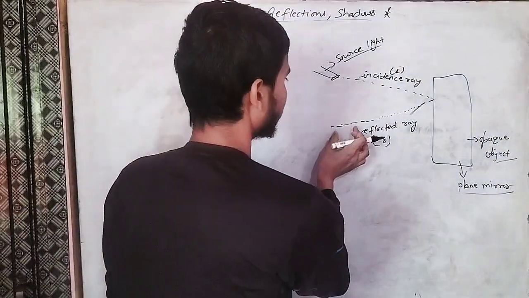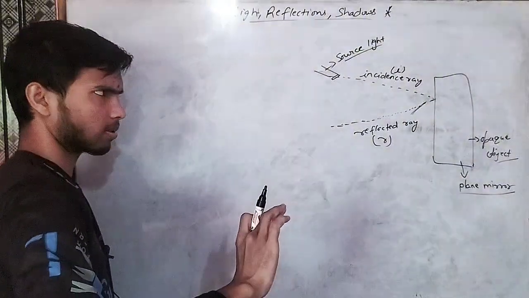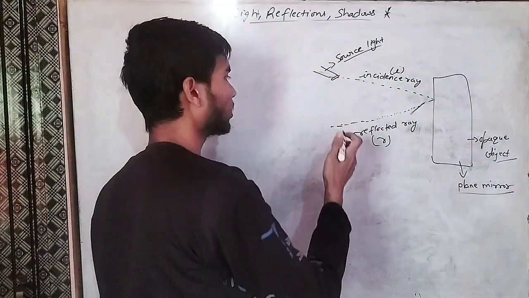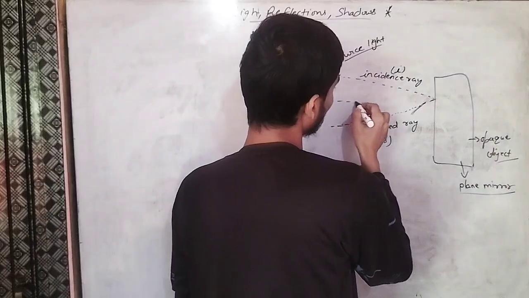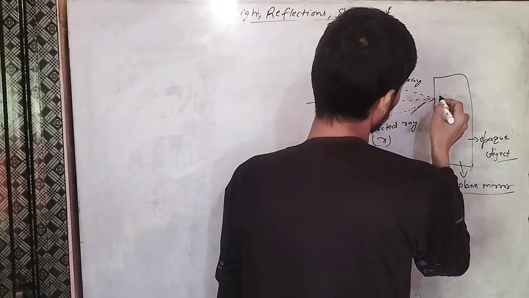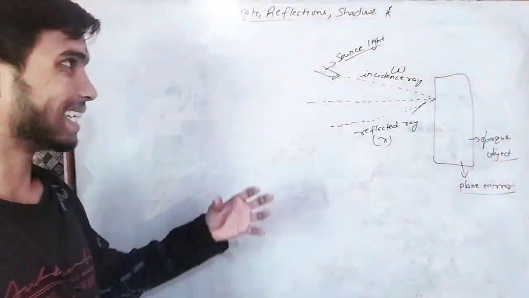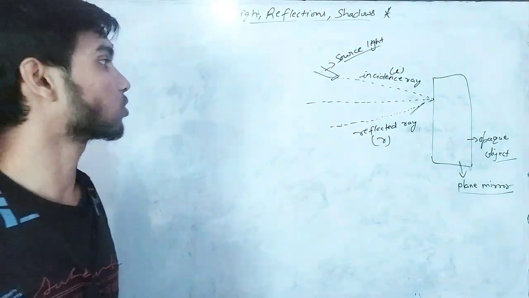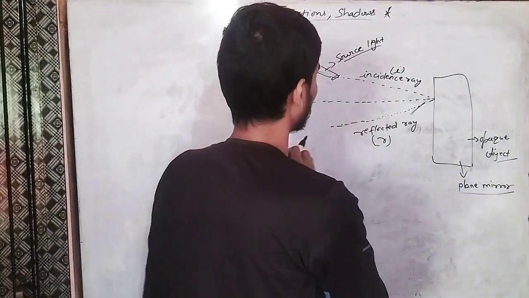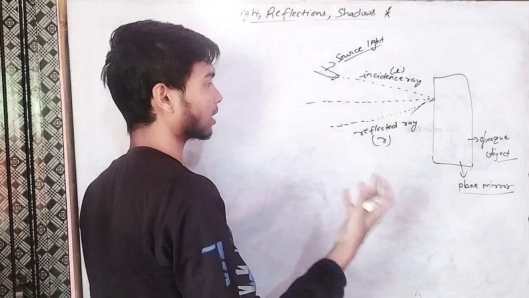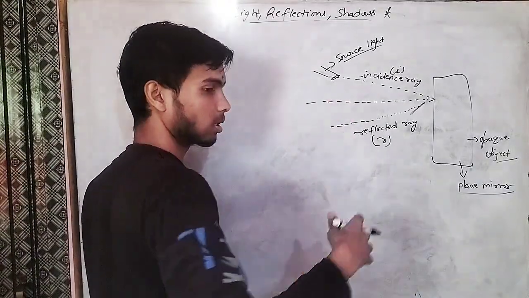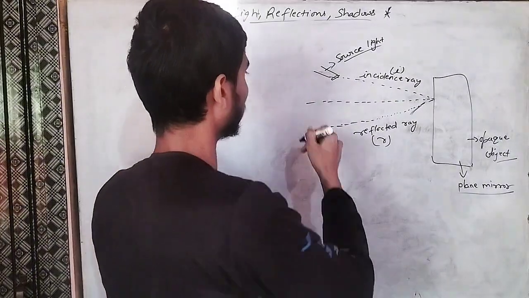So here this is an incidence ray, this is a reflected ray, and here we draw an imaginary line to explain the angle of the incidence ray and the angle of the reflected ray. This imaginary line is called the normal line.